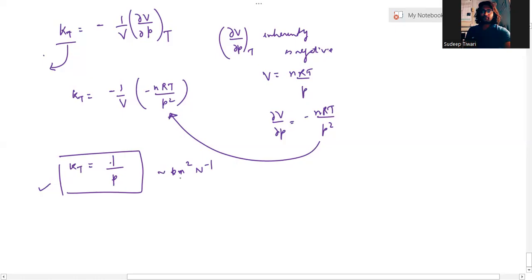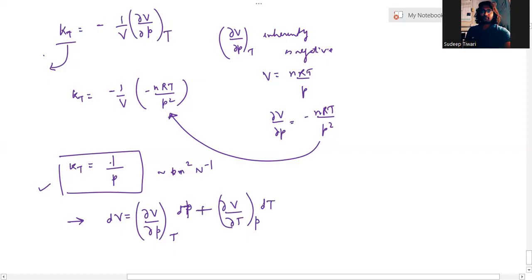Now if I want to write the fractional change in volume, I can write all these things in terms of compressibility. The change in volume dV is del V upon del P at a constant temperature dP plus del V upon del T at a constant pressure dT.